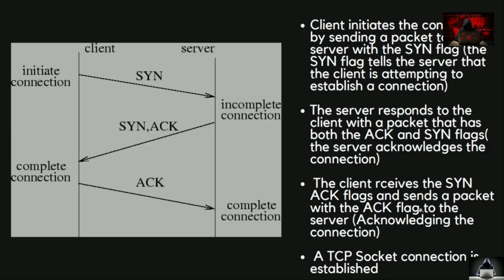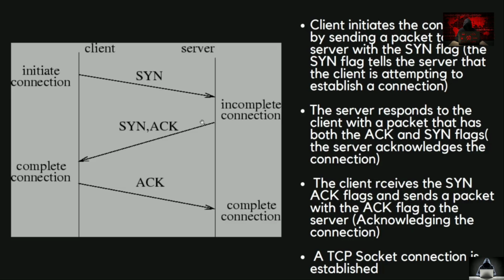Let me explain that really simply. Let's say you wanted to connect to a server. The first thing you would do is send them a packet with the SYN flag, essentially telling them, hey, I want to connect to you. The server will then respond to you with a packet with the acknowledge and synchronize flags, saying, okay, we can connect to each other.